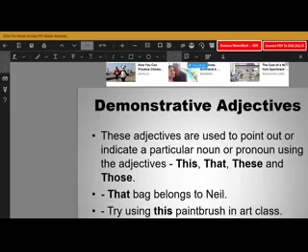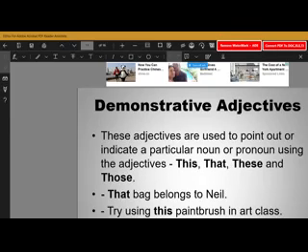Come to the next example. Try using this paintbrush in art class. So this paintbrush means that the paintbrush is near to you. Suppose you are standing exactly beside me, and right then I am showing you a particular paintbrush and telling you that you can try it.